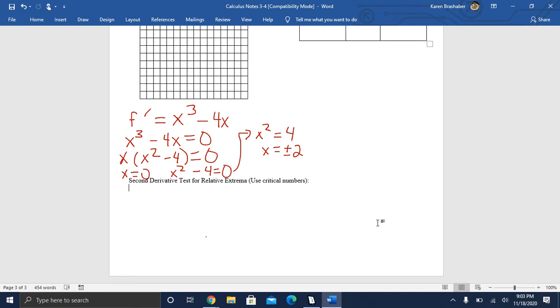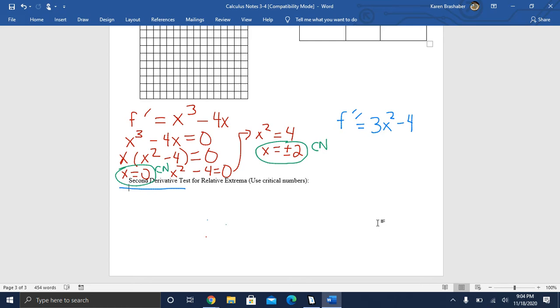So you have 3 critical numbers: 0, and then 2 and negative 2, so those are all critical numbers. And you're going to do the second derivative test, using your second derivative. So let's repeat what that was. f double prime is 3x squared minus 4.